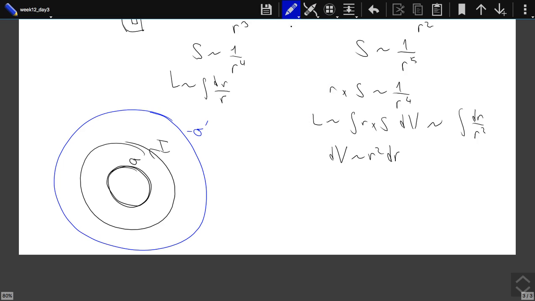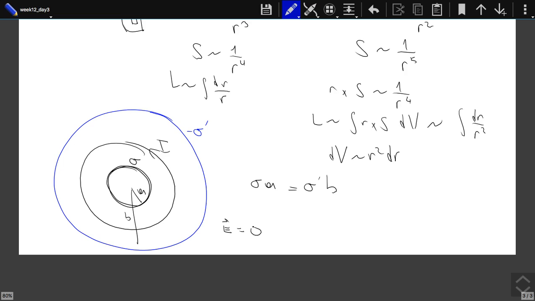Well, I will choose the other sigma prime such that sigma times A, okay, this is A, let's call this B. Sigma times A is equal to sigma prime times B, so that outside electric field is 0. Here E is equal to 0. Inside, nothing really changes.